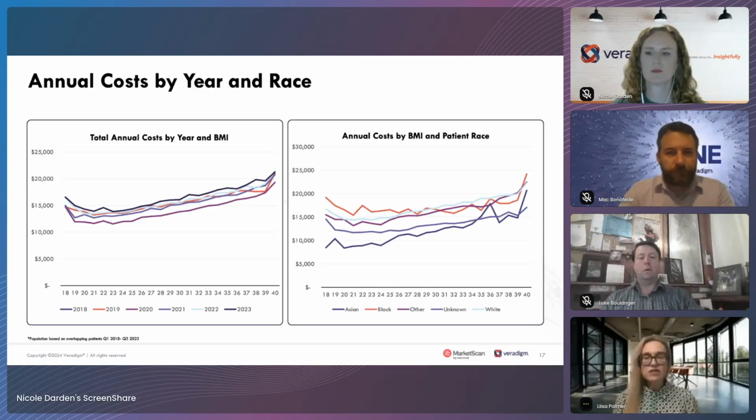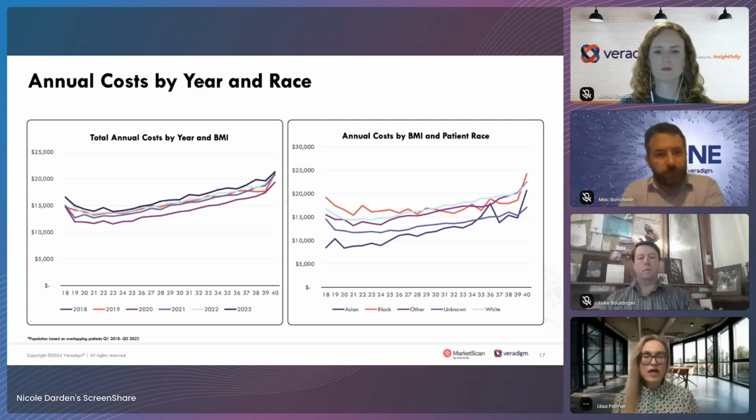So breaking this out to see whether there are differences while the overall and total annual increase distribution looks this way. Is that different? Do you see shifts in the proportion of cost coming from different types of services, inpatient, outpatient, emergency room, and prescription drugs, and whether that shift also reflects this similar trend as you evaluate these by BMI?